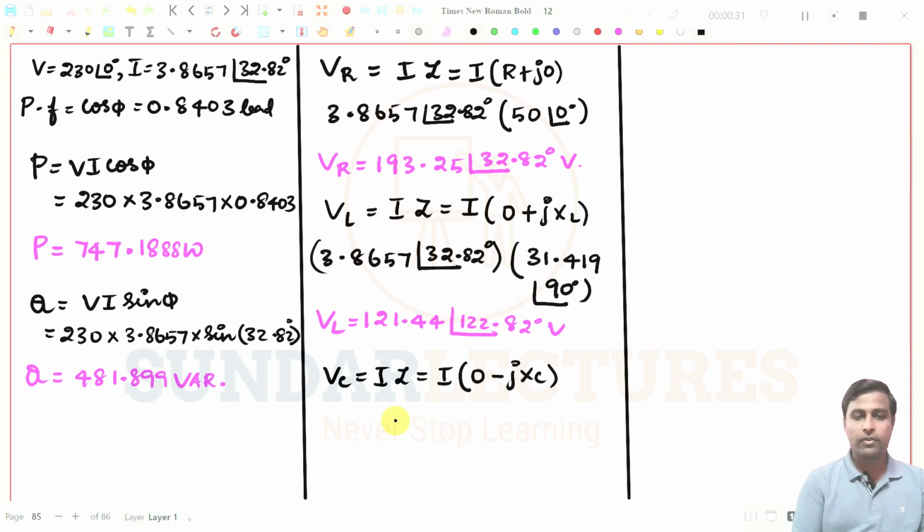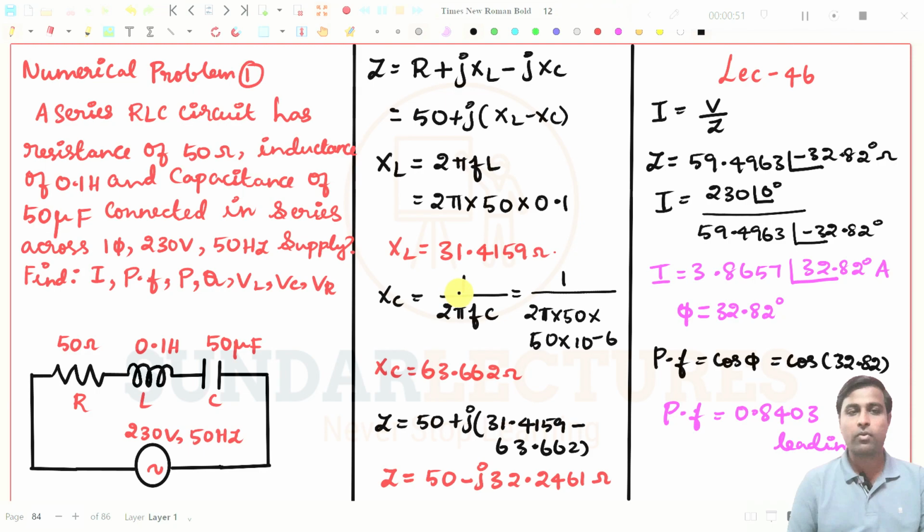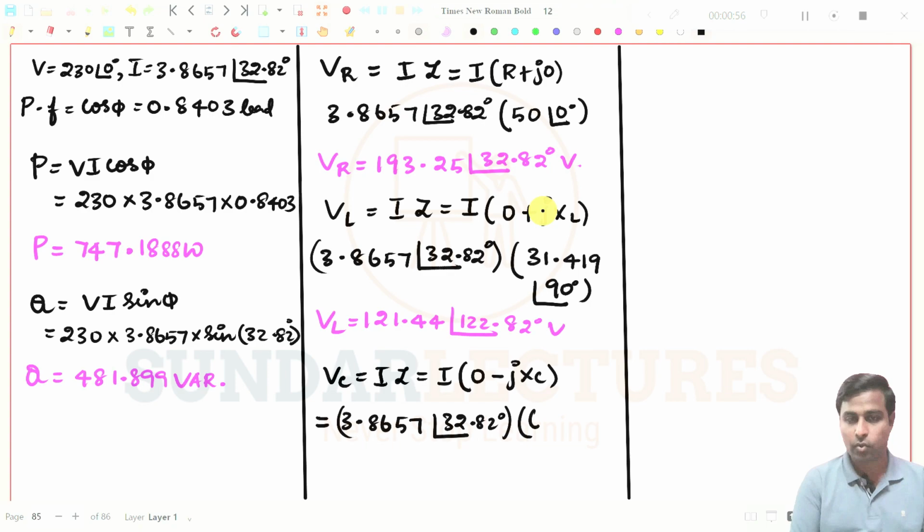So it will be I, that is 3.8657 at an angle of 32.82 degree, multiplied by the XC value we have found, that is 63.662 at an angle of, here you see it is minus j, so you have to put minus 90 degree.